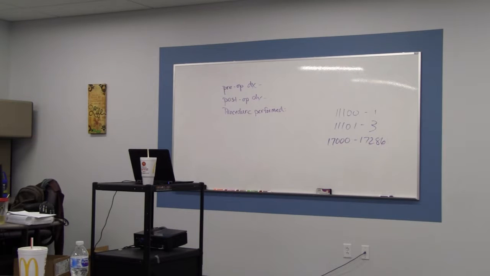It's not pre-malignant, that 17000 says pre-malignant, right? 17004 also says pre-malignant 15 or more lesions, which we know that's not right. 17106, destruction of cutaneous vascular proliferative lesions.